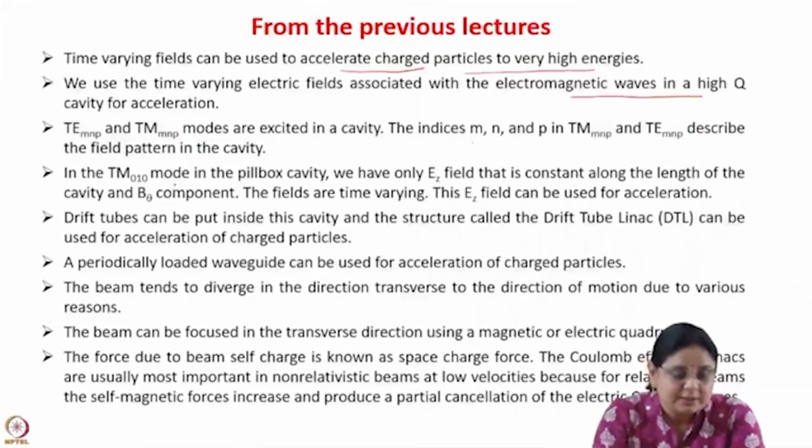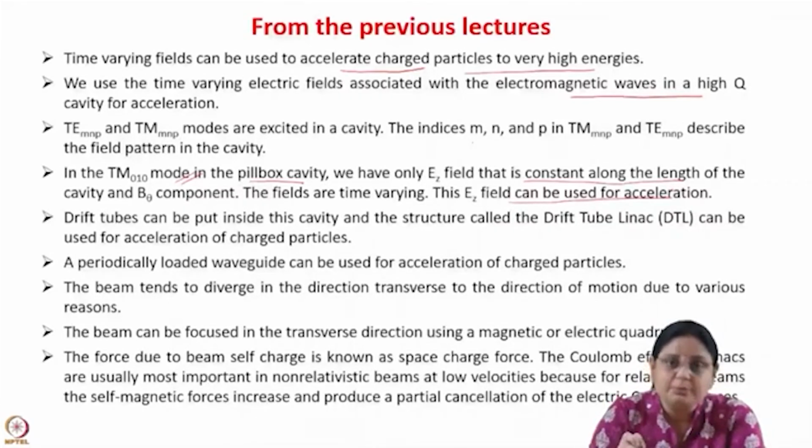Then we discussed in detail the TM010 mode in the pillbox cavity, where we have only the Ez field, which is constant along the length, and the B theta field. This Ez field varies sinusoidally with time, and it can be used for acceleration.